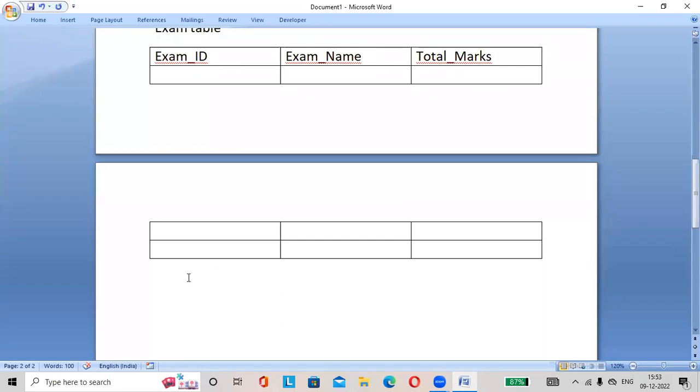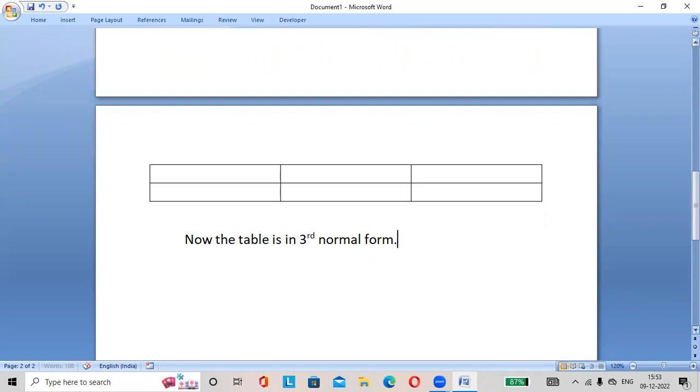Okay. Now the table is in third normal form. Is it clear about third normal form? Yes, understood.